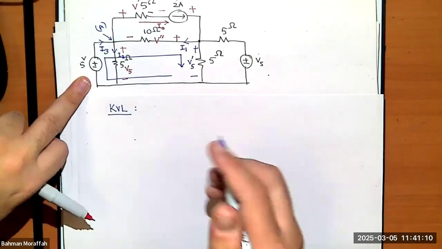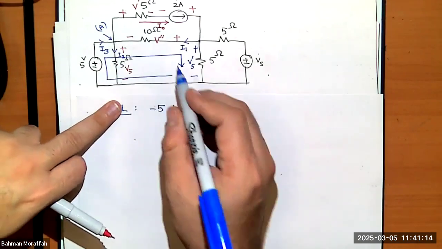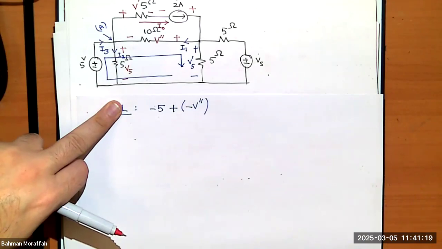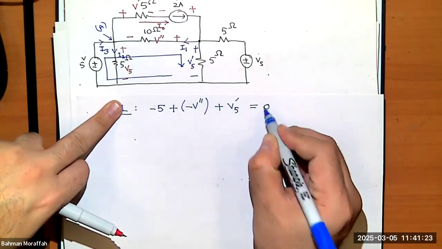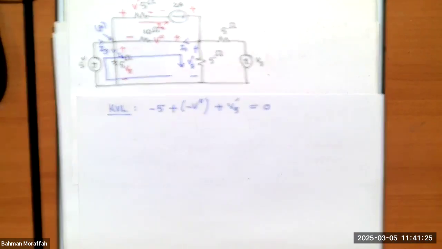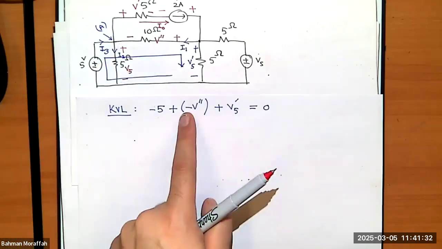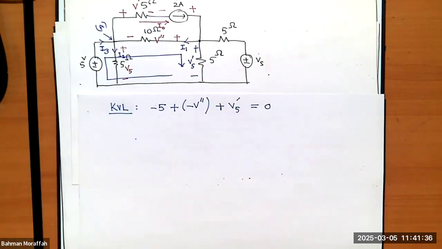The KVL tells me I have -5 plus negative V double prime plus V prime 5, that is 0. Do you agree with this? Well, we hit the negative sign, so I have a negative here. I hit the positive sign, I have positive, and this is negative, so I have this. Do you agree with that, KVL?